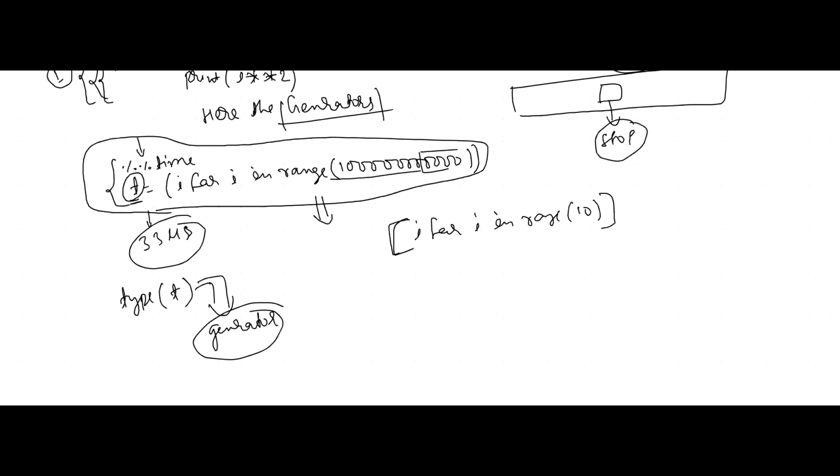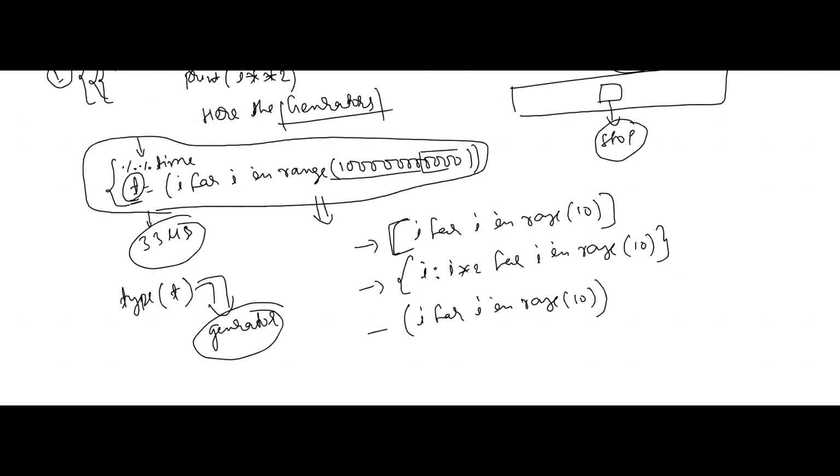Dictionary comprehension, suppose I into 2 for I in range 10. This is dictionary comprehension. But if I write it like this, I for I in range 10, this looks like a tuple comprehension, but this is not a tuple comprehension. This is actually a generator.